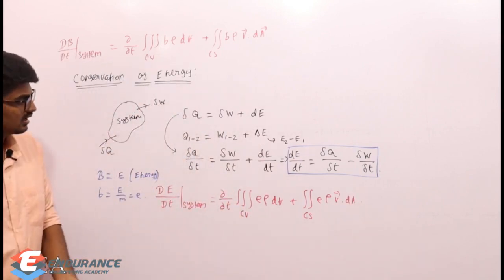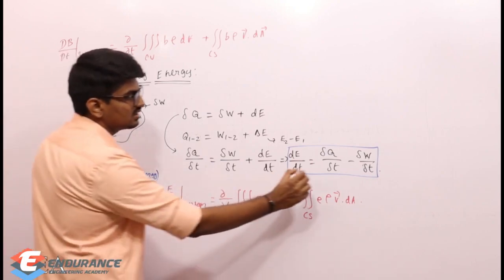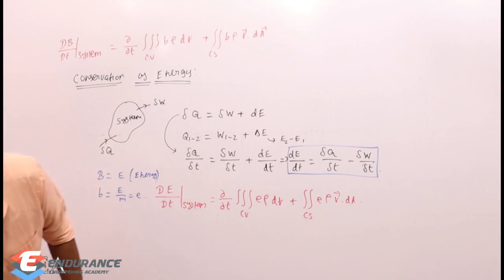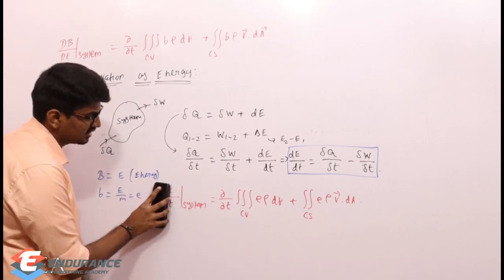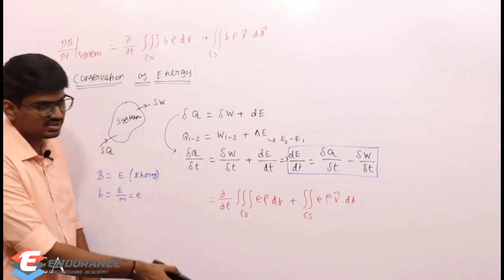And this dE by dt of a system can be replaced with delta Q by delta T minus delta W by delta T. Am I right? It's very simple, right? I can just replace this. Let me do it here, but try to do it in the next step separately.